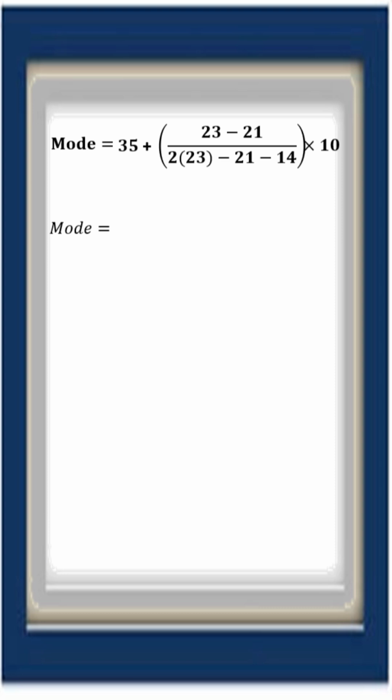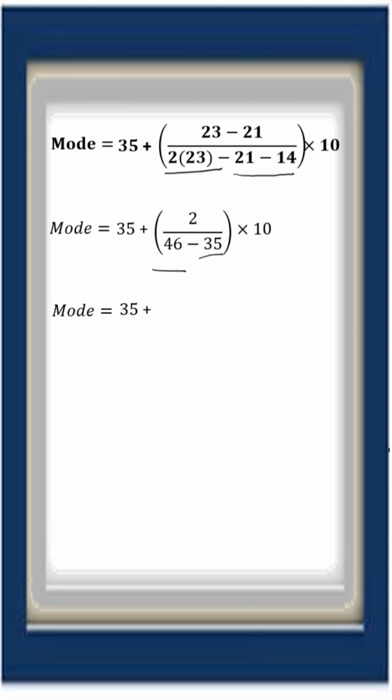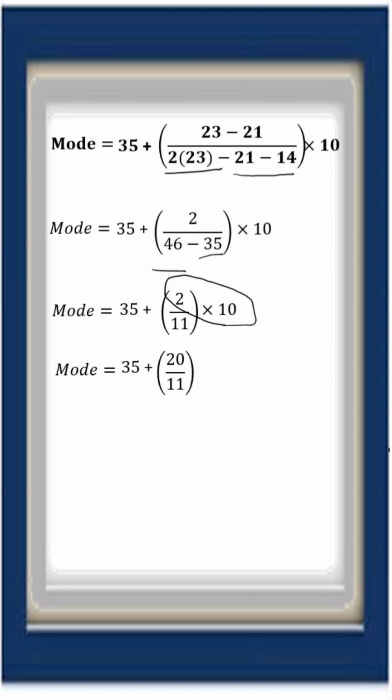So mode is equal to 35 plus 23 minus 21 is 2. 2 into 23 is 46. Minus 21 minus 14 is minus 35 into 10. So mode is equal to 35 plus 2 by 46 minus 35, what is it? 11, into 10. So mode is equal to 35 plus 2 into 10, that is 20, 20 by 11.